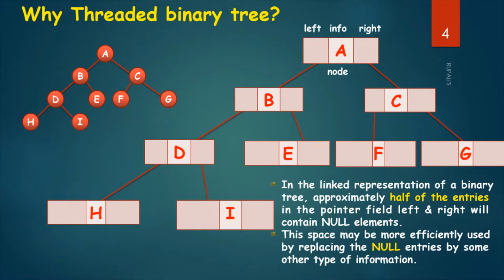So in the linked list representation of a binary tree, approximately half of the entries in the pointer fields left and right will contain null elements. See here, all are null elements. This space may be more efficiently used by replacing the null entries by some other type of information. How we can efficiently use this space, we will see when we learn threaded binary tree.